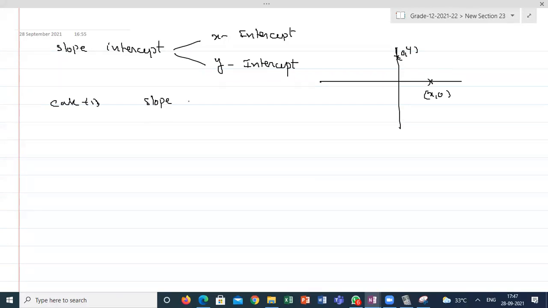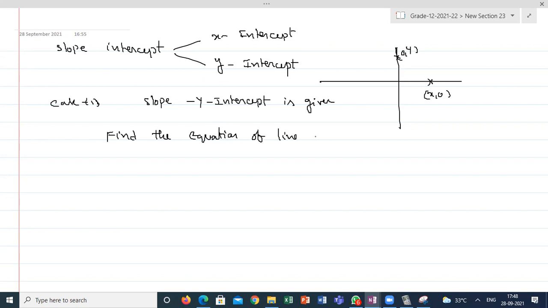Slope and y-intercept is given. Suppose I'm saying, find the equation of line having slope m and its y-intercept is c.